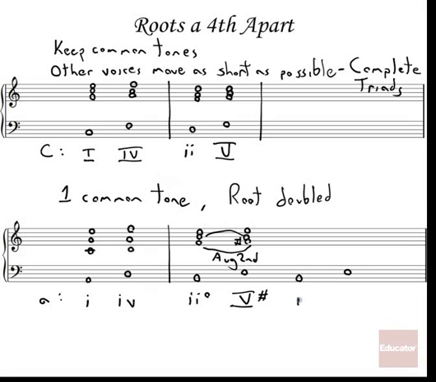So let's take this 2 diminished to 5. And so what we're chiefly concerned with here is that we need a complete 5 chord, and we need to avoid this interval of an augmented second from F to G sharp. So let's see how we can do that.